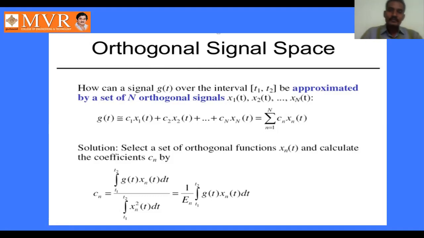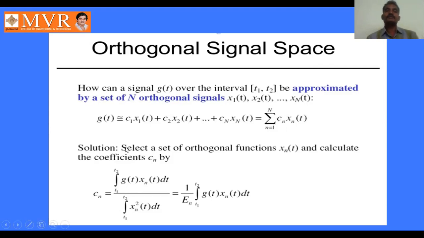But here we are approximating g(t) by a set of n number of orthogonal signals x1(t), x2(t), x3(t) up to xn(t). So g(t) is approximately equal to c1 x1(t) plus c2 x2(t) plus c3 x3(t) up to cn xn(t). That is nothing but the summation of n number of orthogonal signals, represented as sigma n equal to 1 to capital N of cn xn(t).